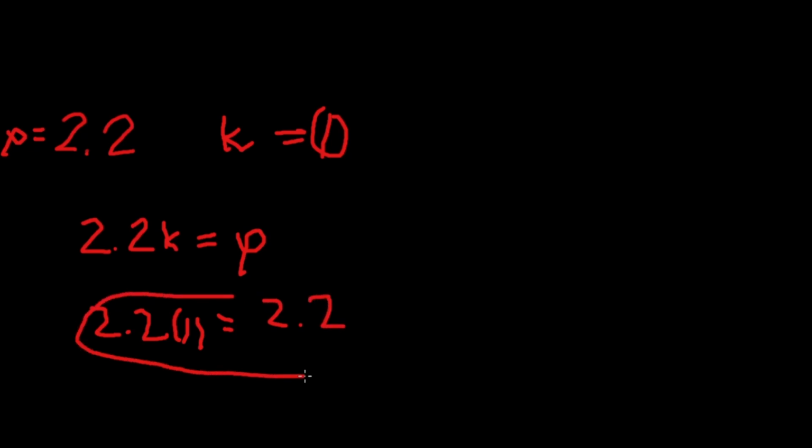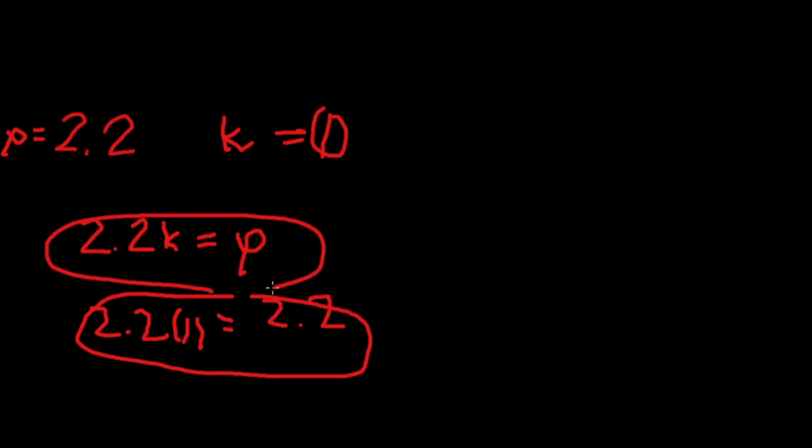Is this statement true? Does 2.2 times 1 equal 2.2? Yes, it does. Therefore, this equation is going to be our answer. And it asks specifically how many pounds are in X kilograms, so you would simply replace K with X for your final answer, which would be 2.2x.